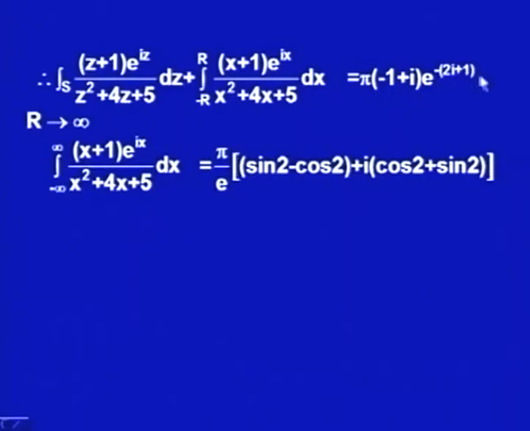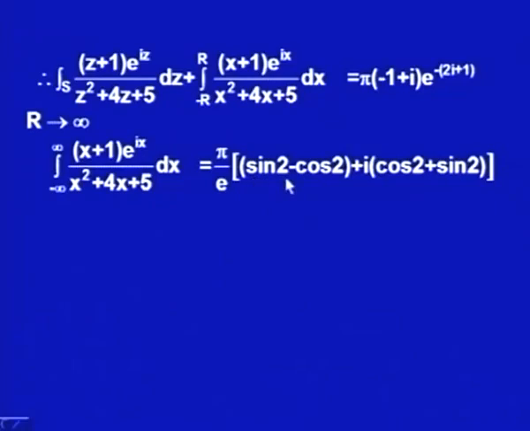Now, this part I am writing as real and imaginary parts separately, as in the previous one. So, e to the power minus 1, I am writing as pi upon e, and e to the power minus 2i we could write as cos 2 minus i sin 2. So, we have minus 1 plus i into cos 2 minus i sin 2; multiply it and write the real and imaginary parts separately.